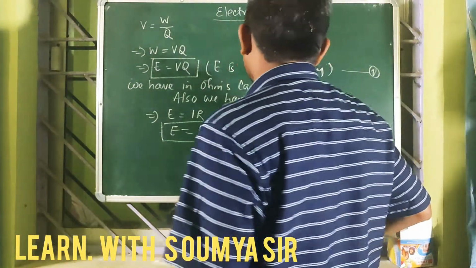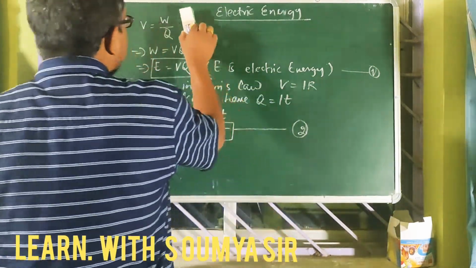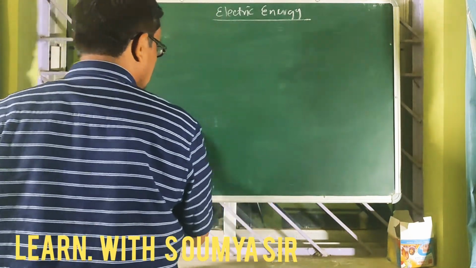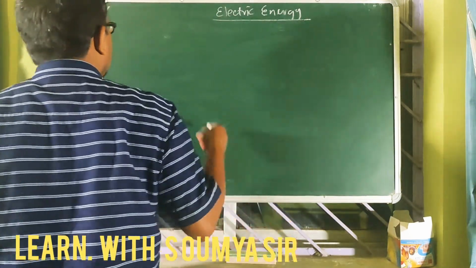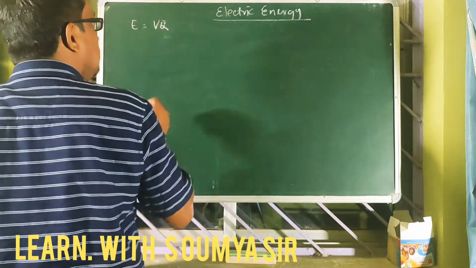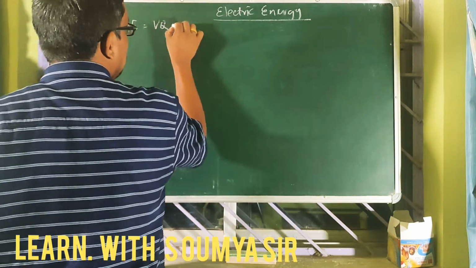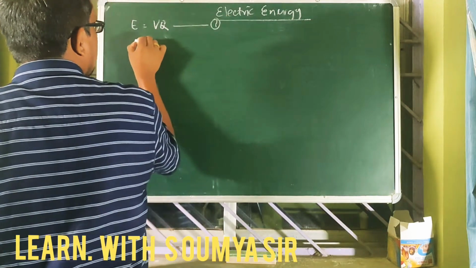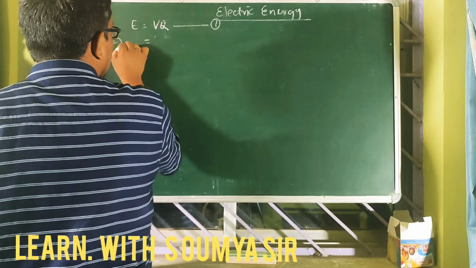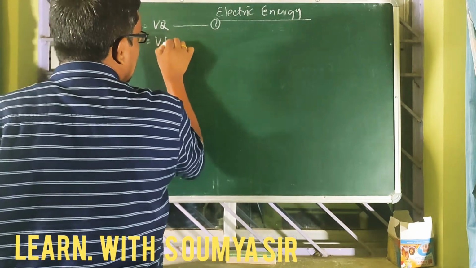Now next, as we have read E is equal to VQ, put here Q is equal to IT. Putting Q is equal to IT, we can write E is equal to VIT.